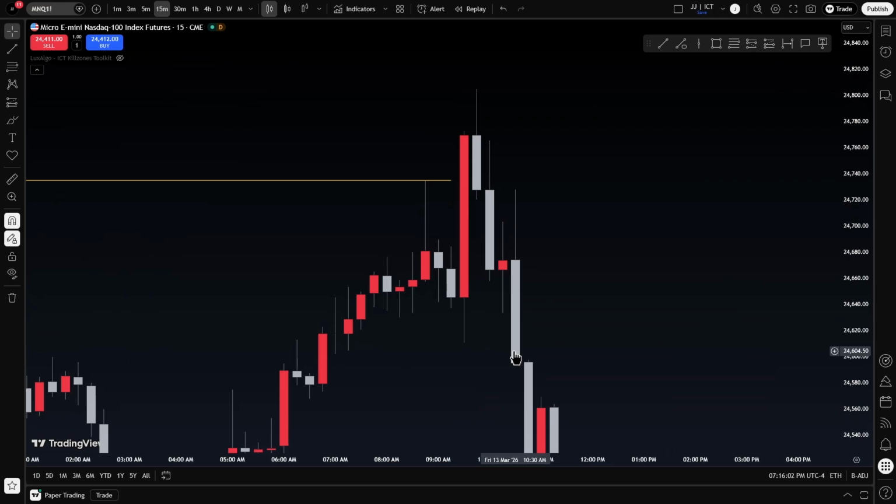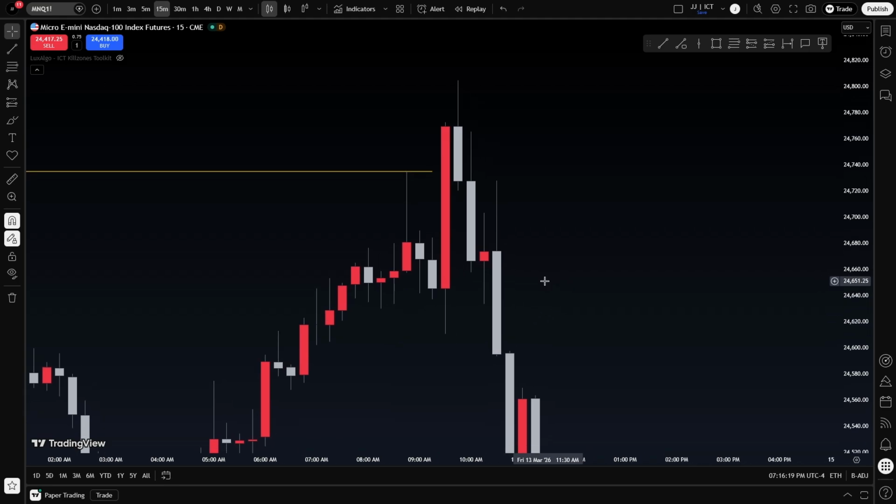Now, here is the cool part. This can be used very, very effectively for the second fang, the second swing lower, the second displacement leg. Listen to me: the earliest displacing candle in sync with the direction of the second leg, meaning since this second leg is a swing lower, the candle must be a bearish candle.